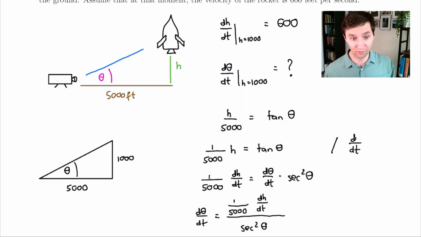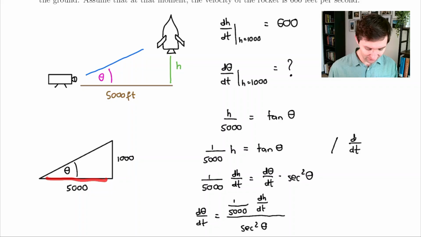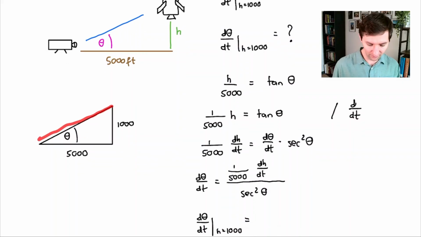To know what secant of theta is, I know that secant is the same thing as 1 over cosine. Cosine of theta is this side divided by this side, which means that secant is this side divided by this side. To compute secant, I need to first compute the length of this side by the Pythagorean theorem.